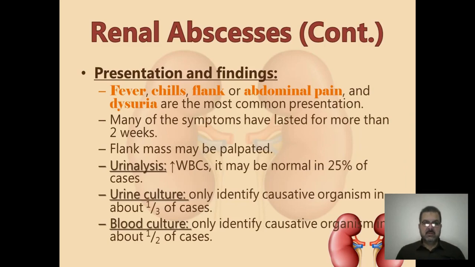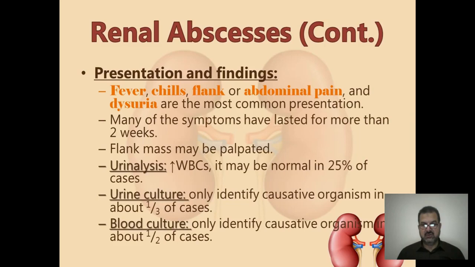Again, the presentation is like pyelonephritis: fever, chills, flank and abdominal pain. Usually symptoms have lasted for more than 2 weeks. Sometimes you can palpate the kidney. In urine analysis, you can find white blood cells.